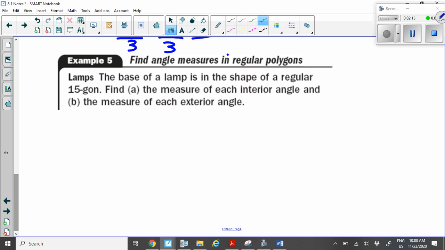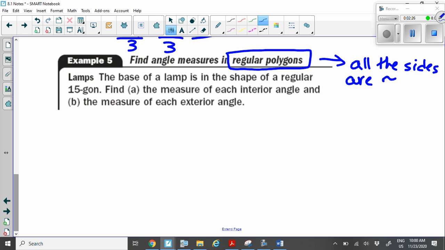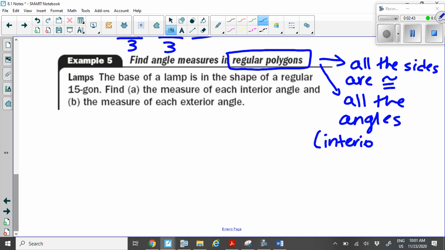Now, what is a regular polygon? Let's talk about that. Well, what a regular polygon means is that all the sides are congruent. So remember, that's the sign for congruent. And all the angles, both interior and exterior, are congruent.